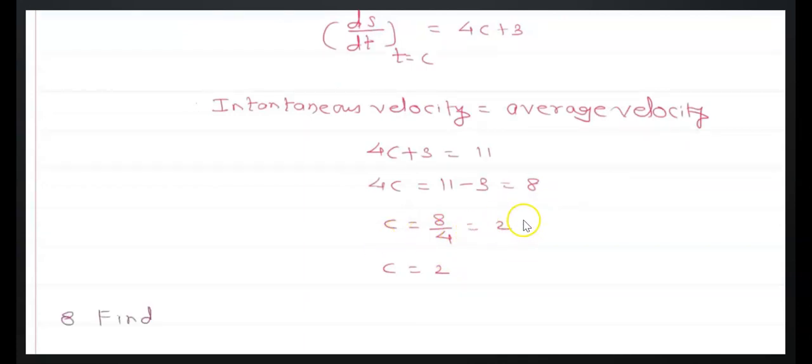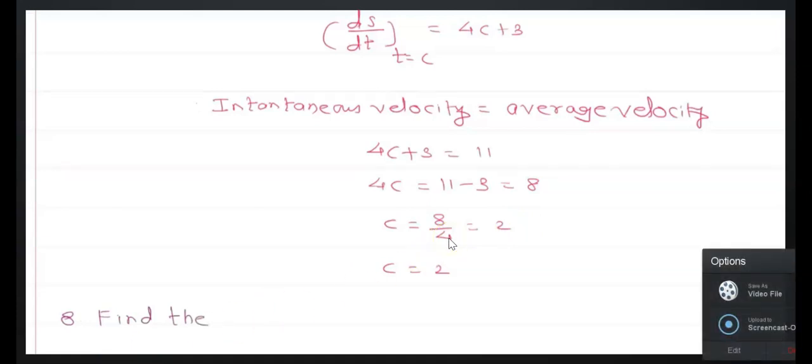Therefore c = 8/4 = 2. Therefore, c = 2.